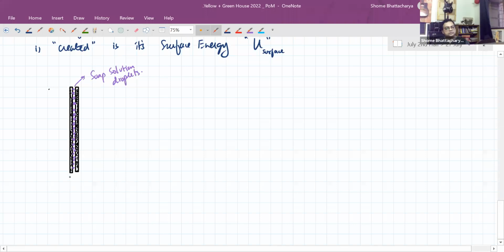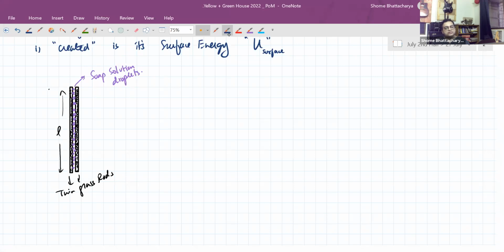And these are two thin glass rods kept parallel and very close to each other, and each of length L. Now, keeping one rod stationary, if the second one is slowly separated away from it, it creates a film of soap solution or a film of glycerol solution.